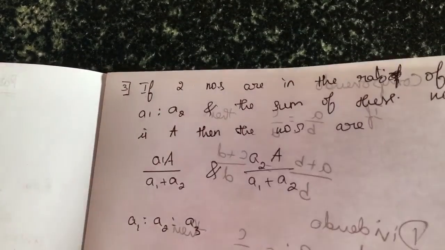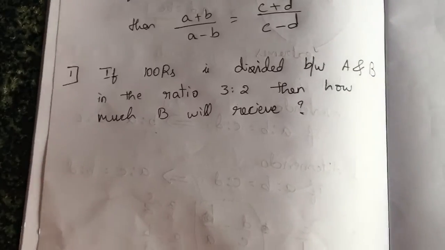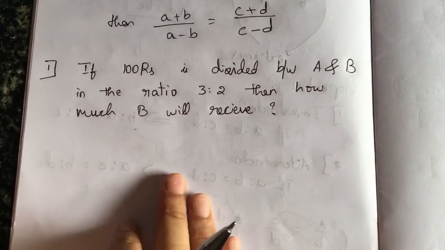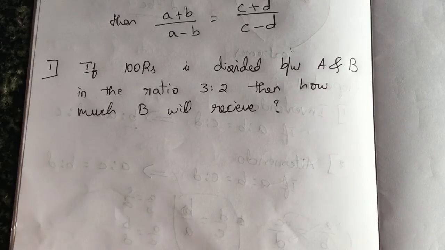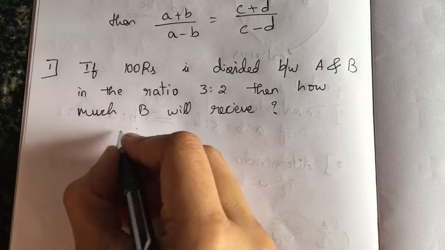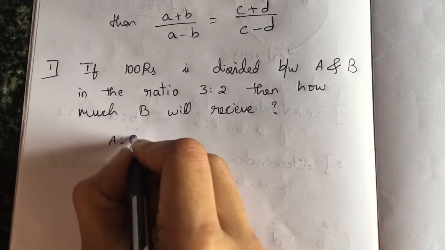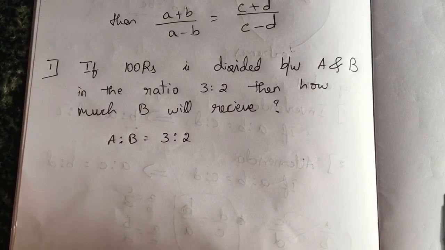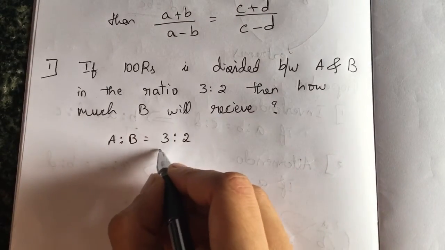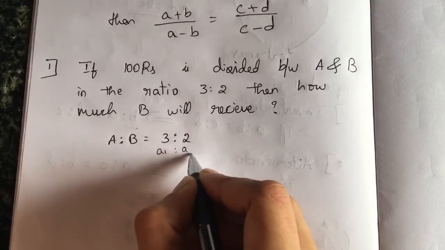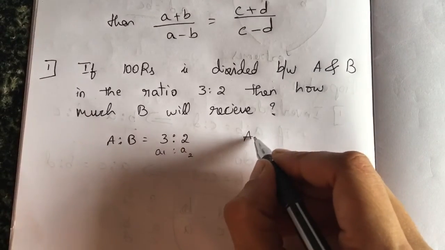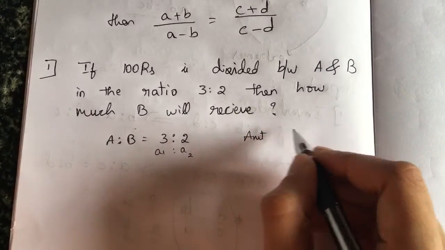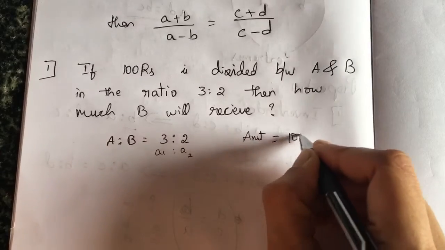A and B divide the total amount, capital A, which is given to us, right? And the ratio is given, it's 3 is to 2. Say you take this as A1 is to A2, and the total amount, capital A, is 100 rupees.